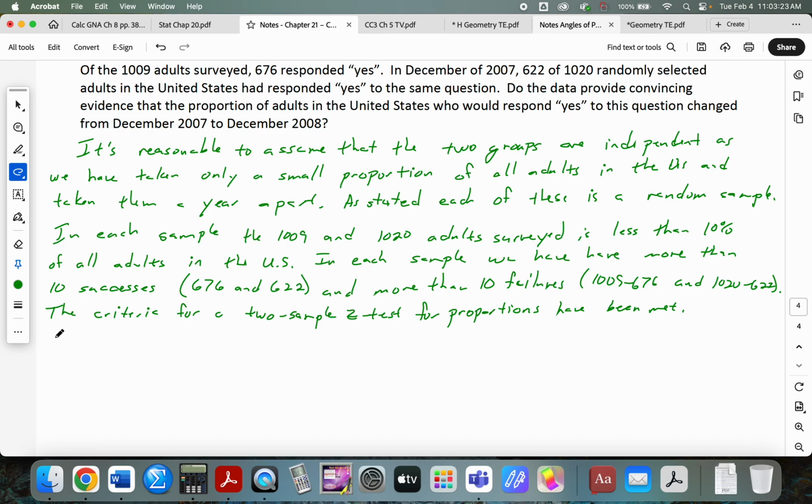So my null hypothesis is that P1 is equal to P2. Is that always what it is? Not always, but the majority of the time, your null is that nothing has changed. So the majority of the time, that's P1 is equal to P2. What would another example be?